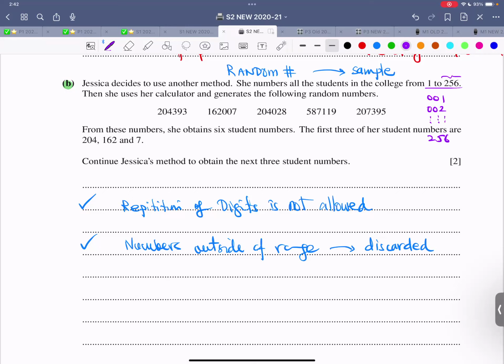Since this is a 3-digit number, let's break these up in 3-digit format. If it was a 4-digit number, we would break it up in 4-digit format.